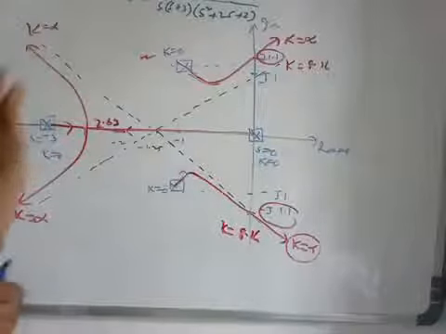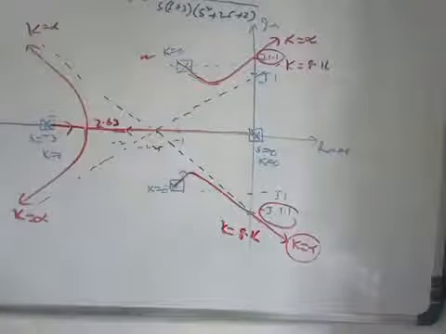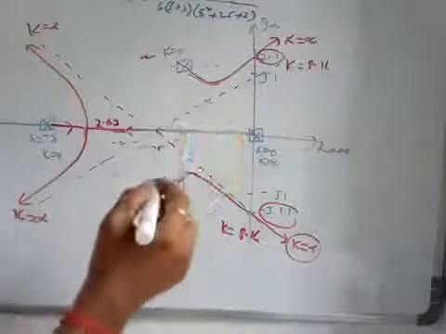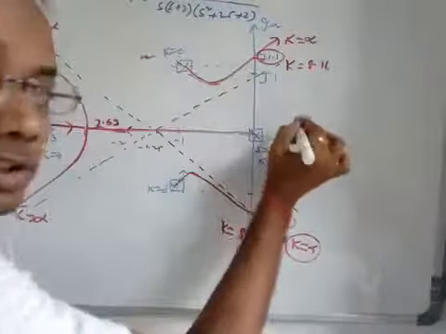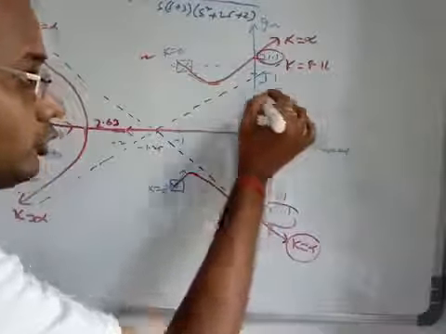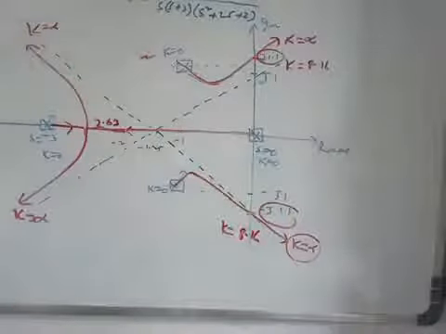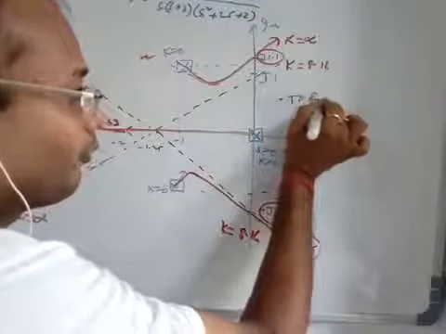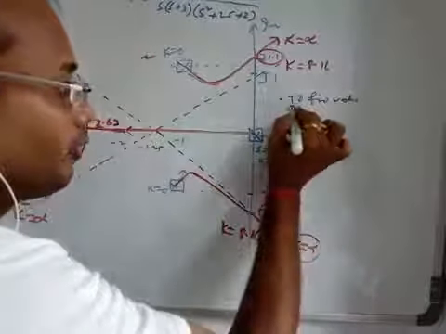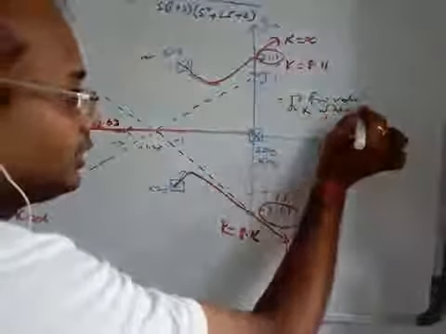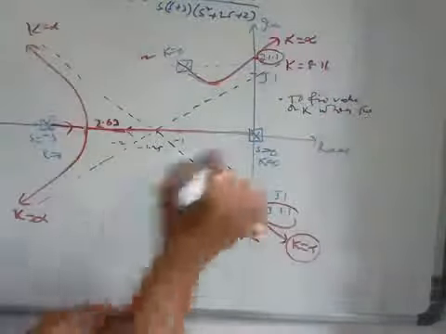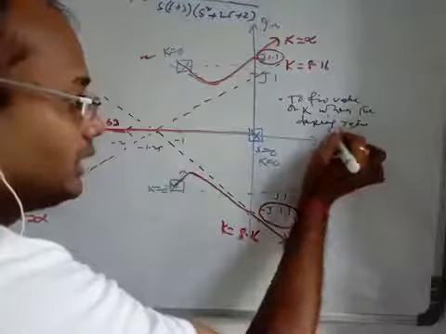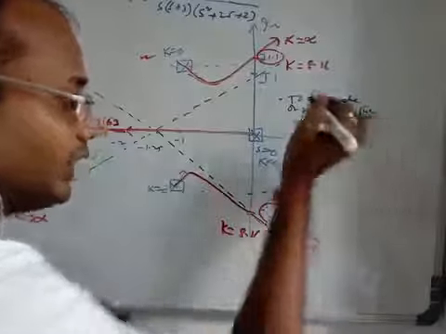Now the last part of this problem is that we have to find the value of k. To find the value of k when the damping ratio psi is equal to 0.5, right?